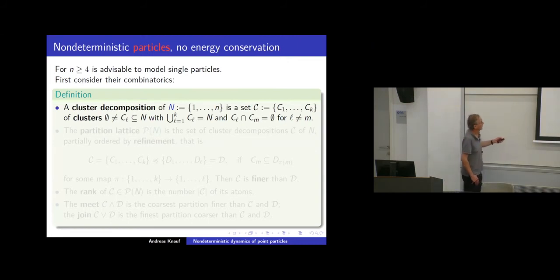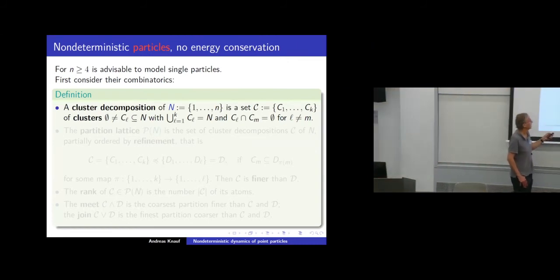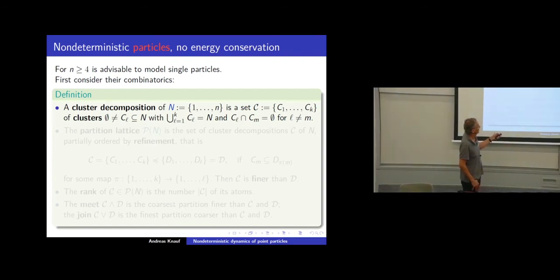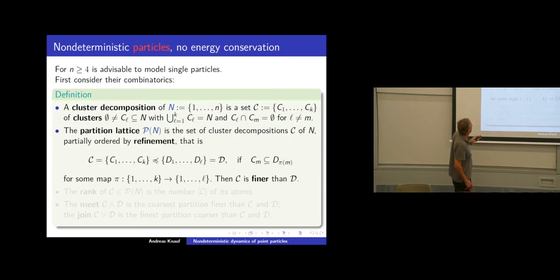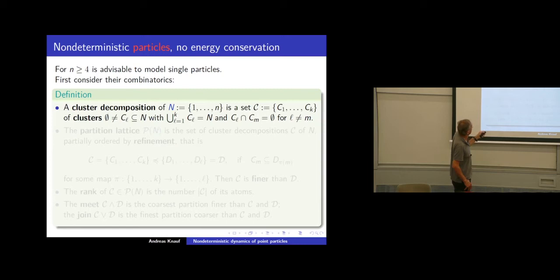So you have n particles. Combinatorially, you consider the set capital N of these n first integers, and then you look at set partitions, or, as they are called in scattering theory, clustered decompositions of this set capital N into parts C1 up to Ck, which are non-empty subsets of N, mutually disjoint, and the whole of this gives you N. Yeah?